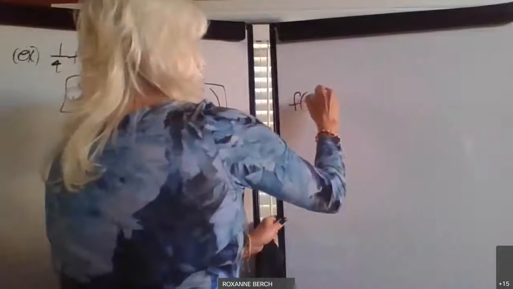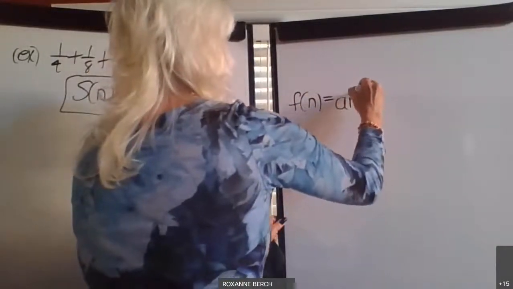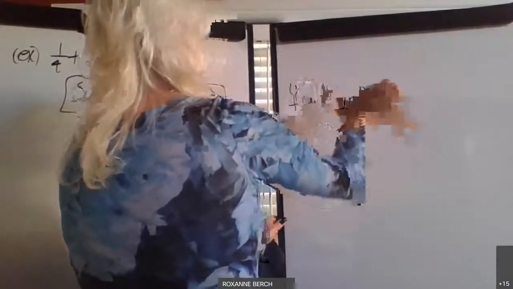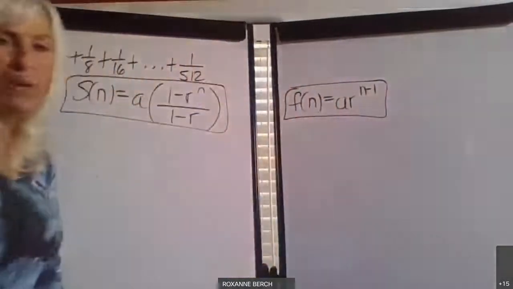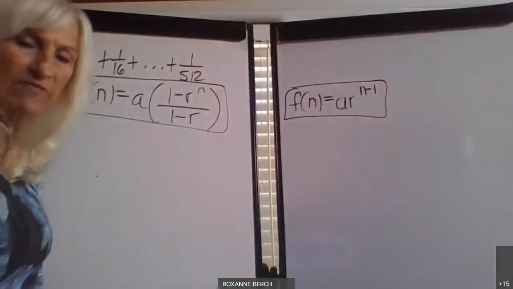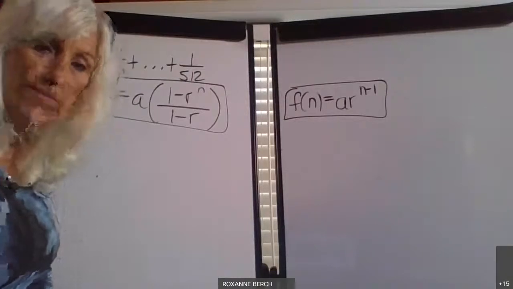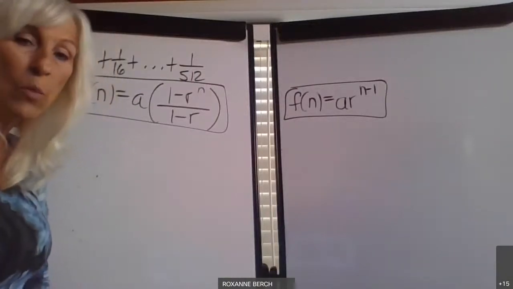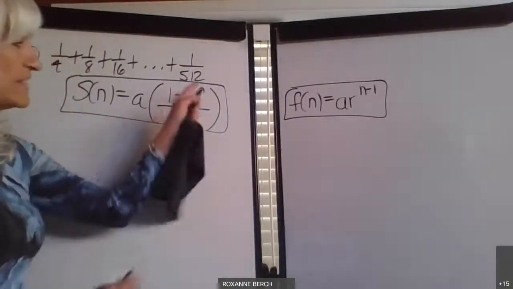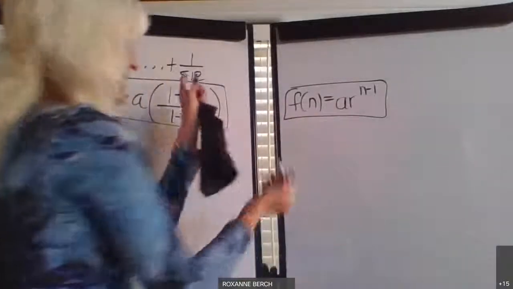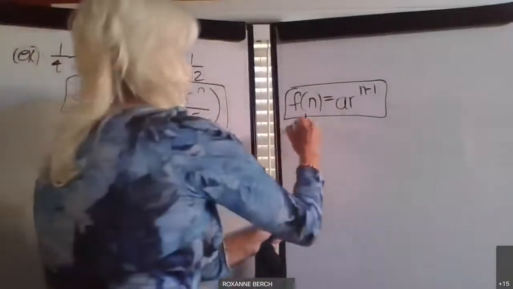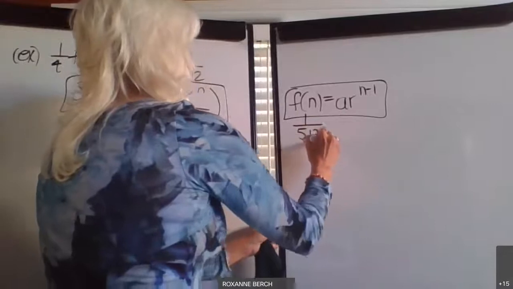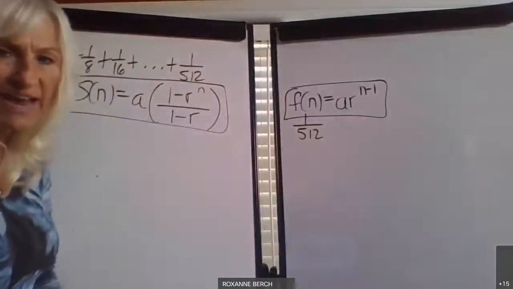You're going to take your rule, your implicit rule for a geometric sequence, and find out the terms you have. So watch. You're going to take the last term, which is the final answer, 1 over 512. And that's what it is, right? It's y, the answer.